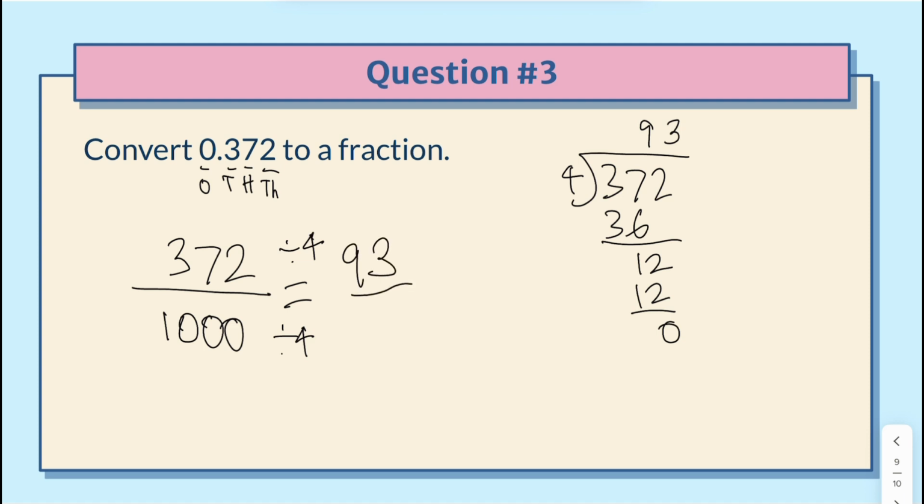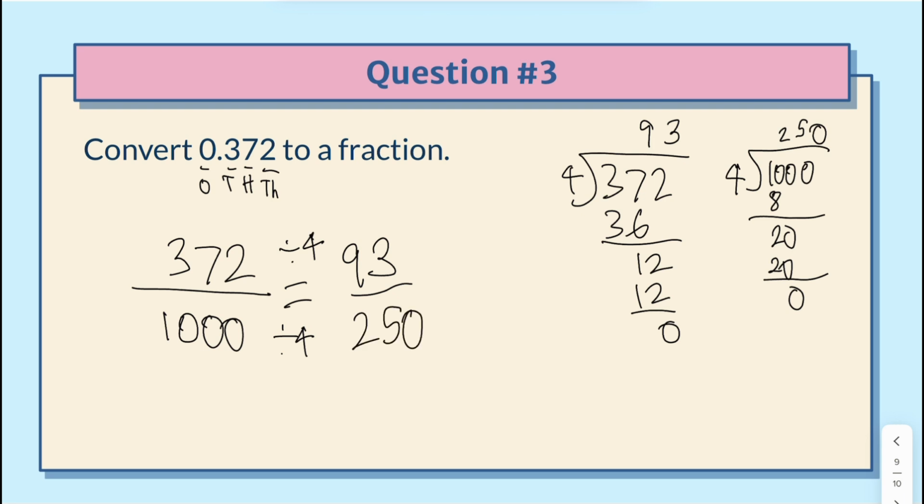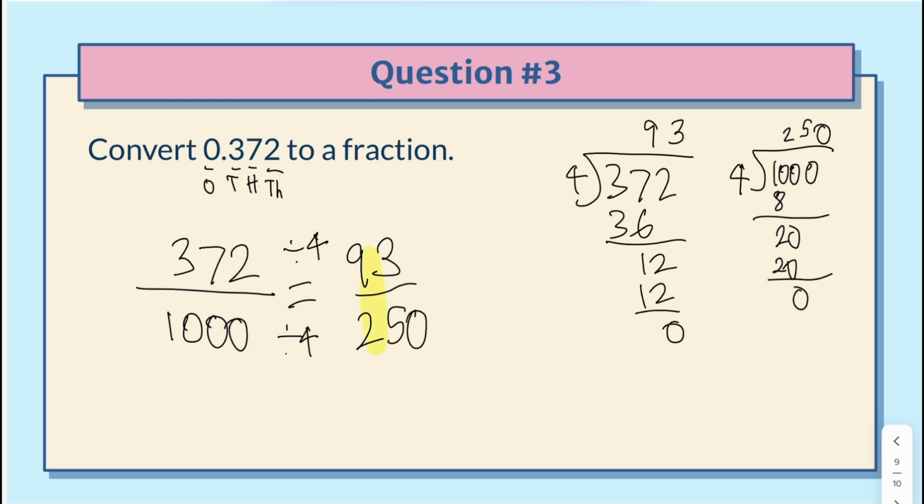Then 1,000 divided by 4 is 250. So by reducing this fraction, we get 93 over 250 as our answer.